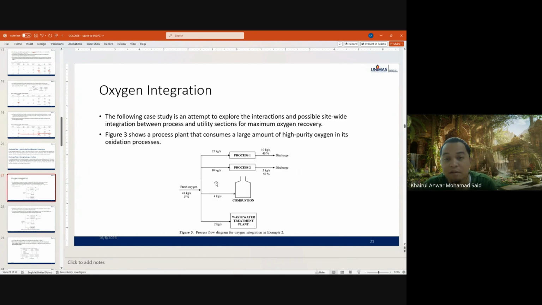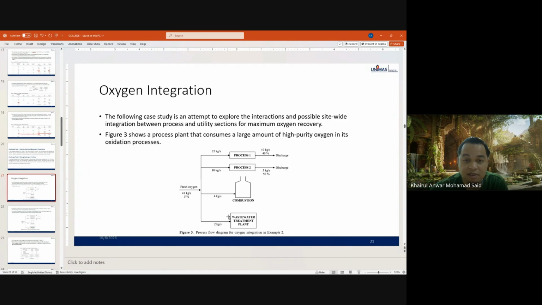How many processes? Okay, let me specify. So 41 kg per second, this is the purity with 5% impurities. It goes to the first process 25 kg, second 30 kg per second, which is 2 kg per second for combustion, 2 kg per second for wastewater treatment. Then from process 1 and 2 is discharge, and this we call mass transfer.